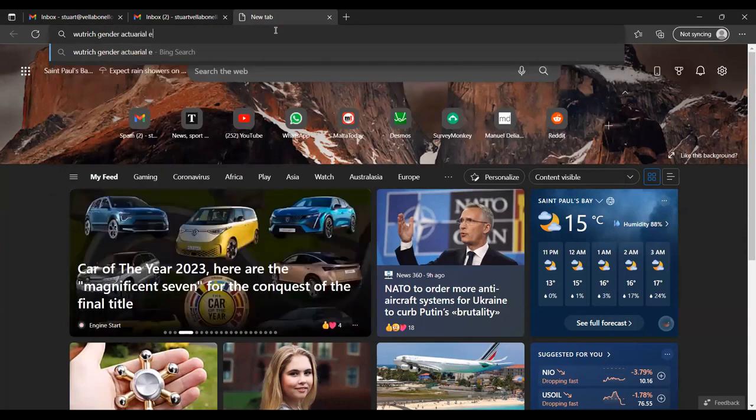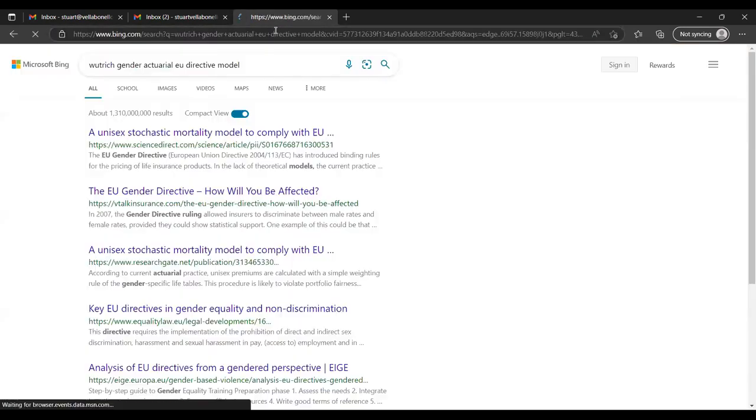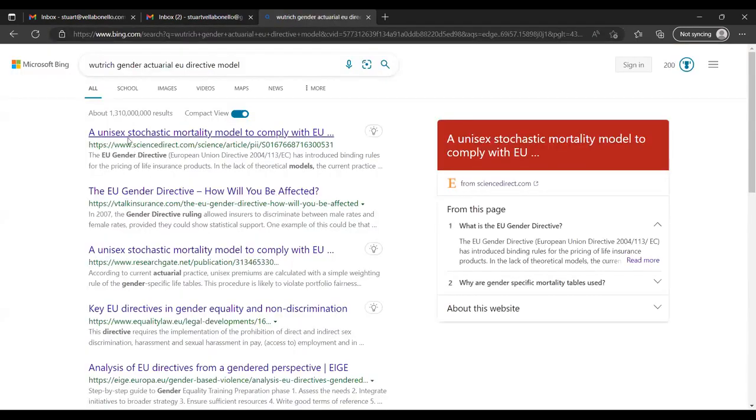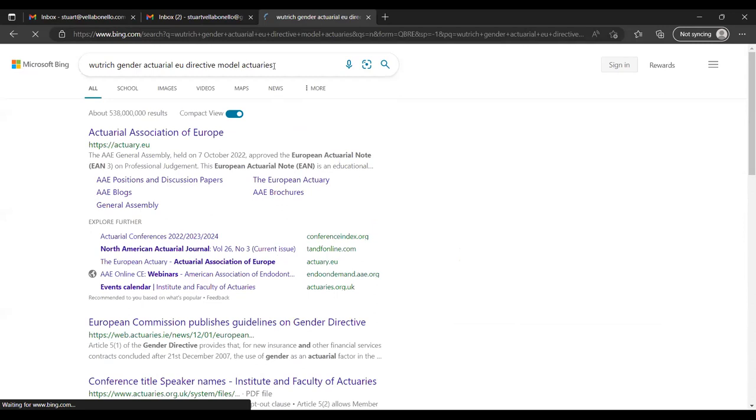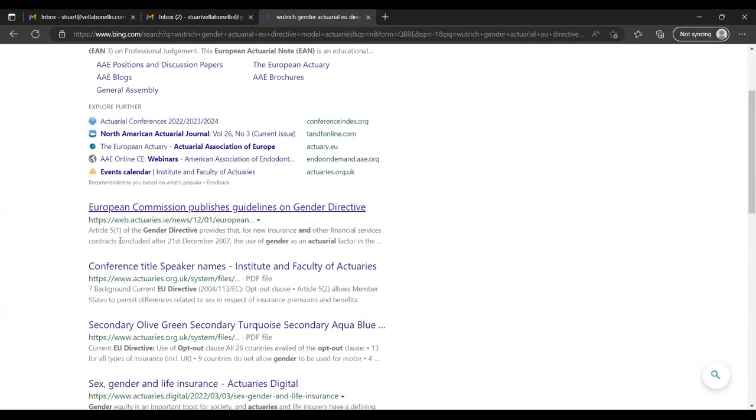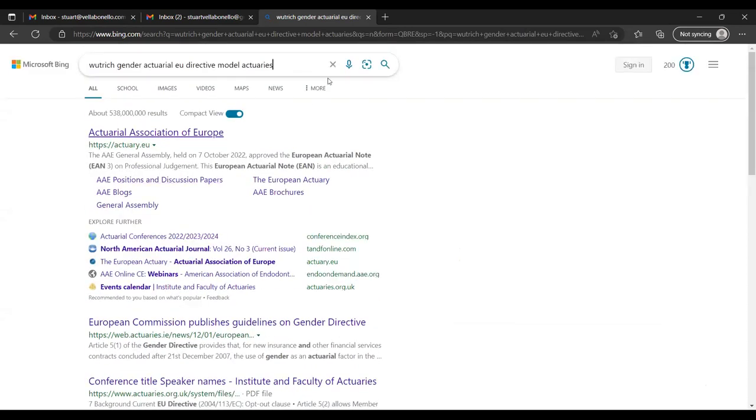Gender, actuarial, EU directive, model, unisex stochastic mortality model to comply with. Yeah, these are all. It was a very good article. It was the cover page article. In fact, it was the featured one.